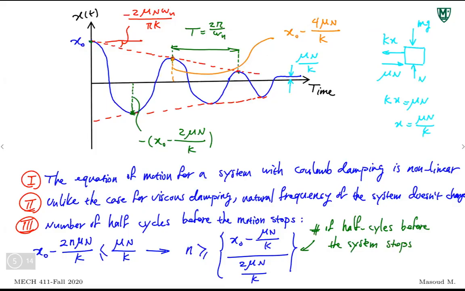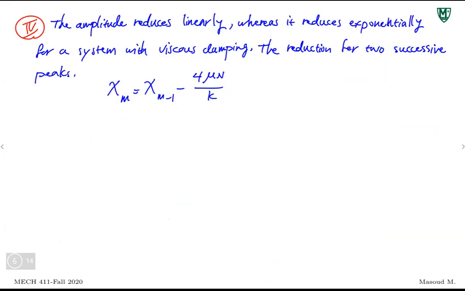If you look at here, this is the magnitude of the first half cycle, x naught minus 2 mu n over k. And then after a cycle, you got x naught minus 4 mu n over k. So how many peaks you go is going to define how much the magnitude is going to be reduced.